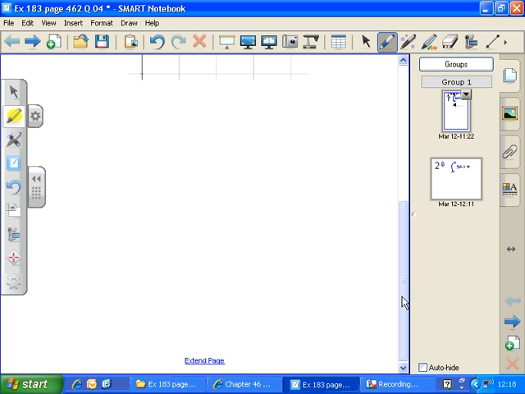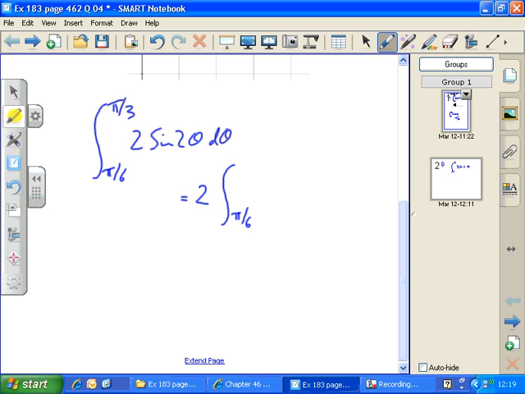So the integral between pi by 6 and pi by 3 of the function 2 sine 2 theta with respect to theta equals, again we can take the 2 outside the integral, between pi by 6 and pi by 3 of sine 2 theta with respect to theta.